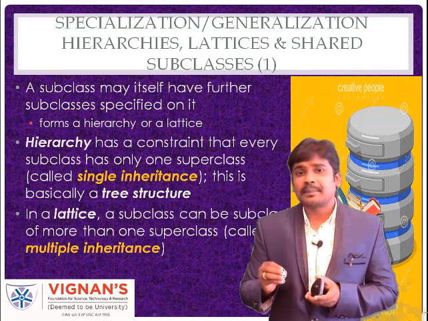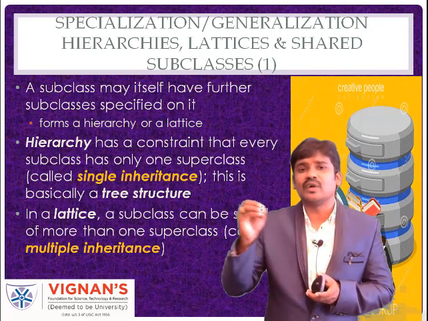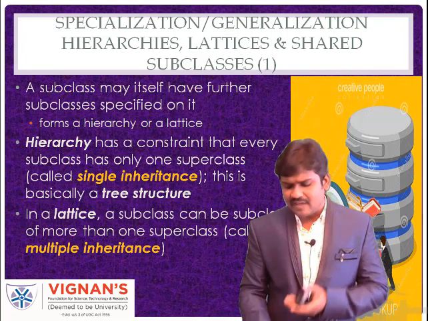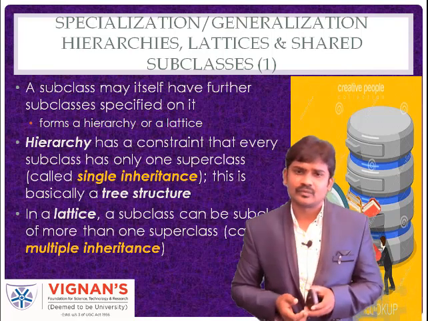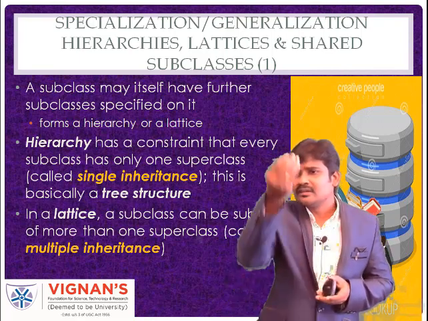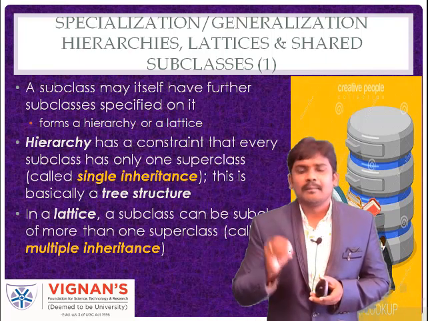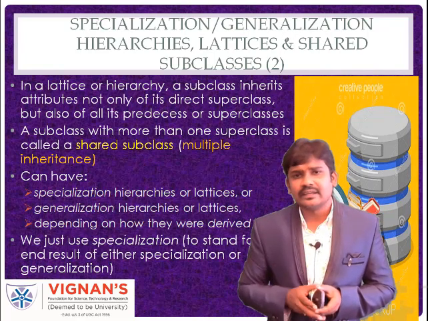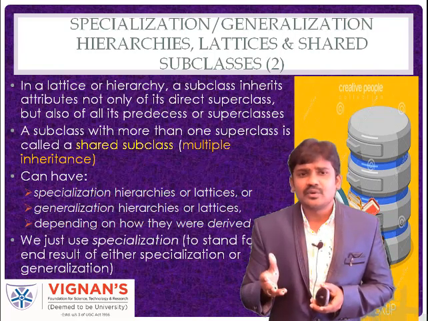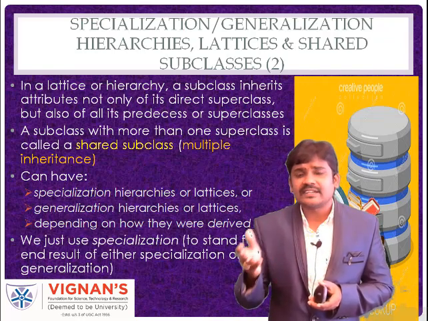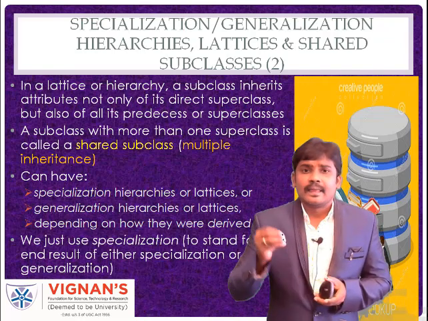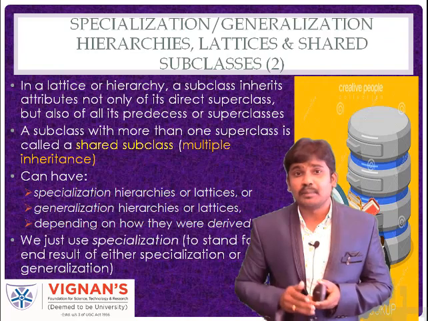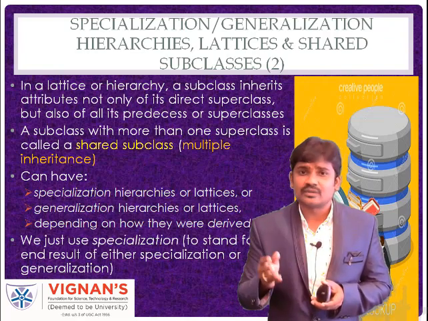In a lattice, a subclass can be a subclass of more than one superclass, called multiple inheritance. That means a subclass has more than one superclass. In a lattice or hierarchy, a subclass inherits attributes not only of its direct superclass but also of all of its predecessor superclasses.